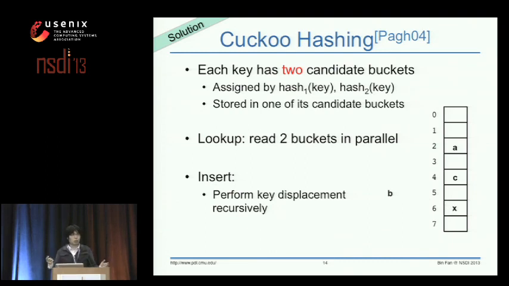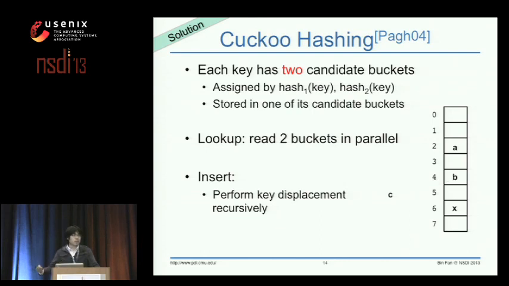OK, X is fine, but what do we do with this newly bumped out item B? Remember, B also has 2 locations, and bucket 6 is just one of its homes. We try its next home, and that location is also taken, so never mind, we just do the same thing.